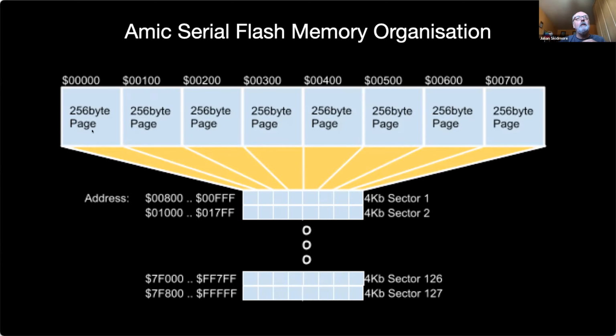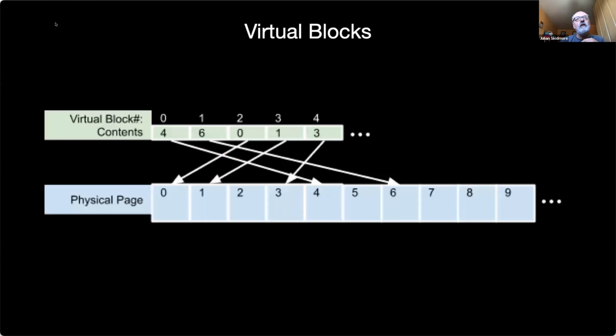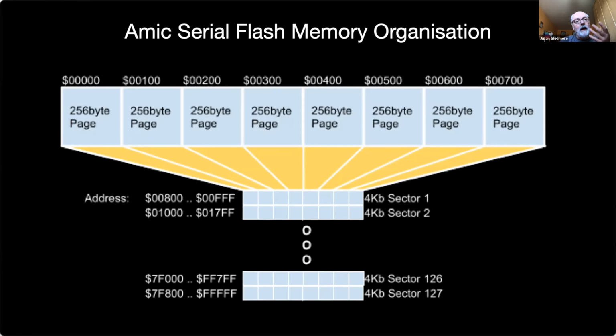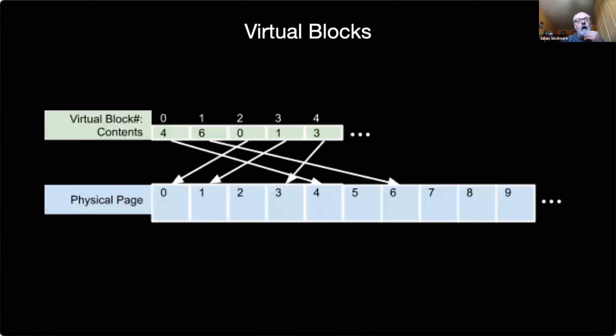So what we would like to do, because we end up having to use new pages each time we want to write to some memory, is have virtual memory blocks where we say we're writing to block 3, and it allocates a new physical block to write to.